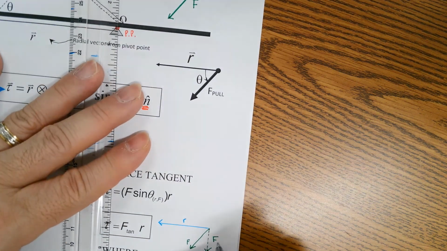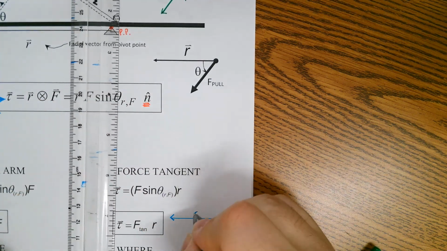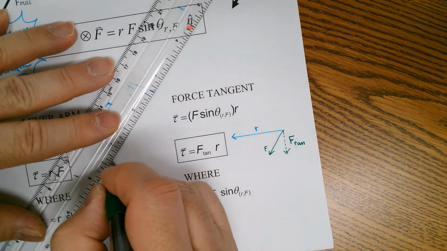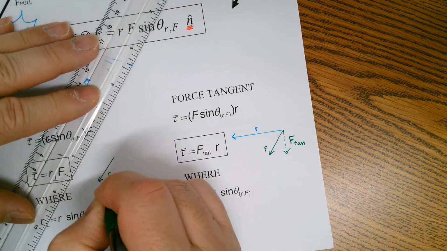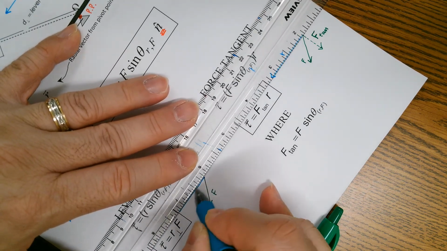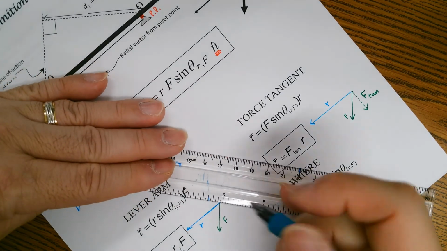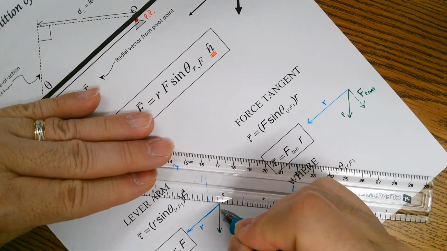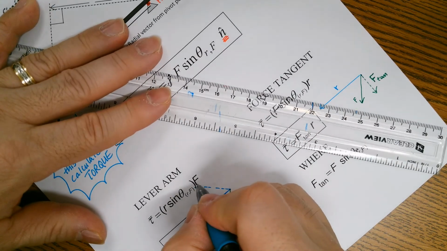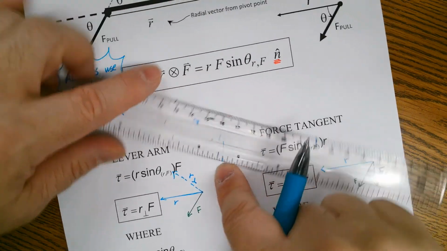This is the F tangential, and this is R. For this one, to visualize that, here is your F, and here is your R. This would be the R perpendicular to the line of action.